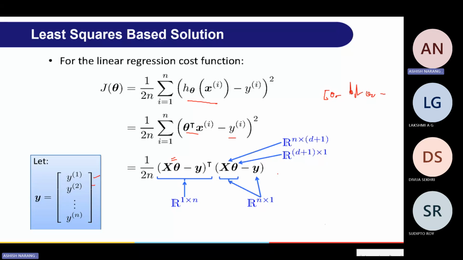Now, even if I have to show you how this comes, I told you this is the error term with respect to each vector. So when I say theta transpose xi, this is my prediction with respect to that, and this is my actual output. So this is actually with respect to the first observation, the error 1 squared, and i varies from 1 to n, then error 2 squared.